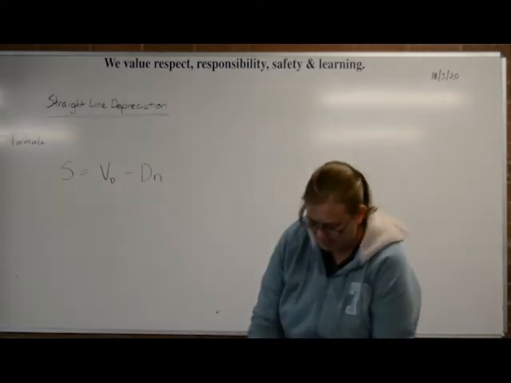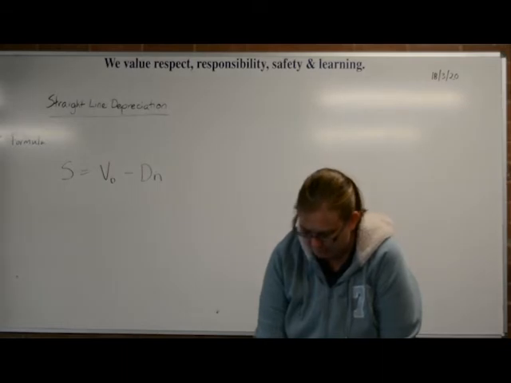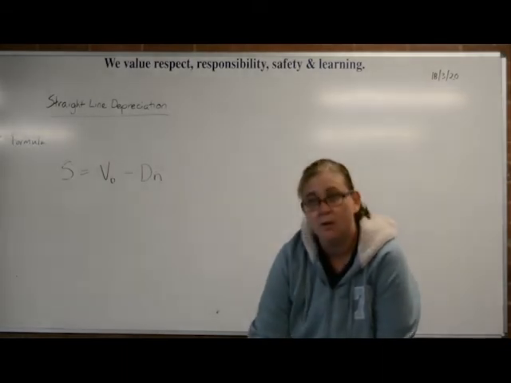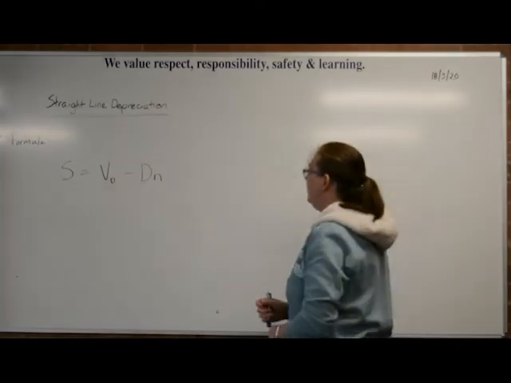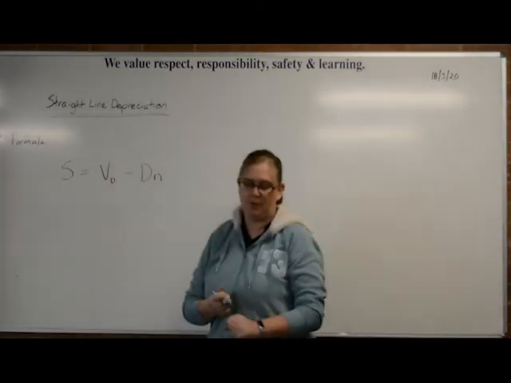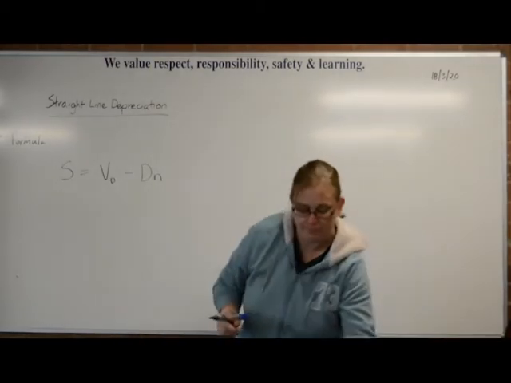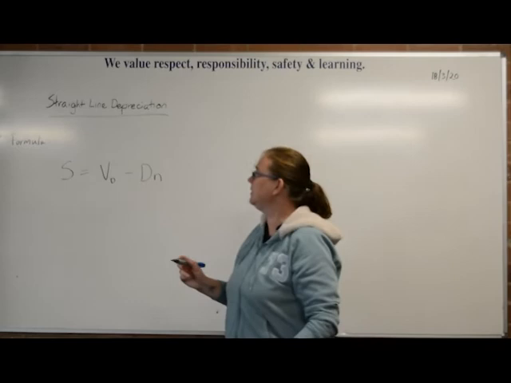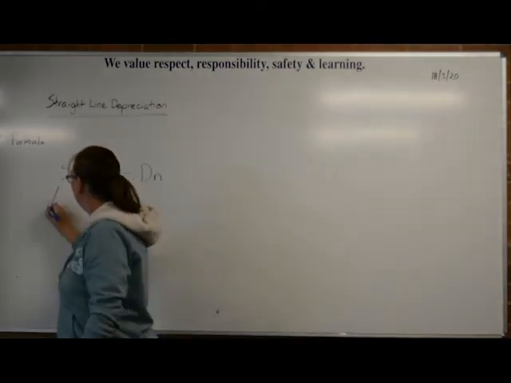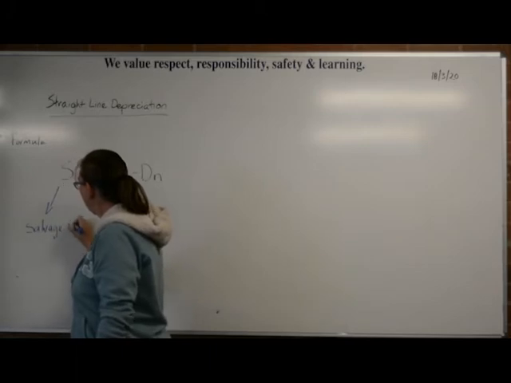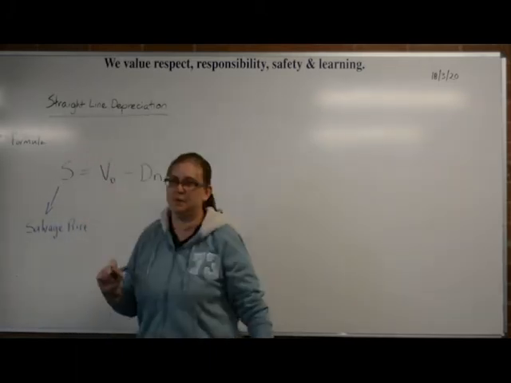That's it there. It is S equals V0 minus dn. Alright, S equals V0 minus dn. S is what we call the salvage price.